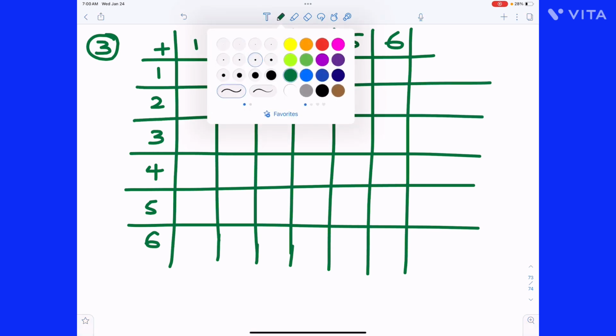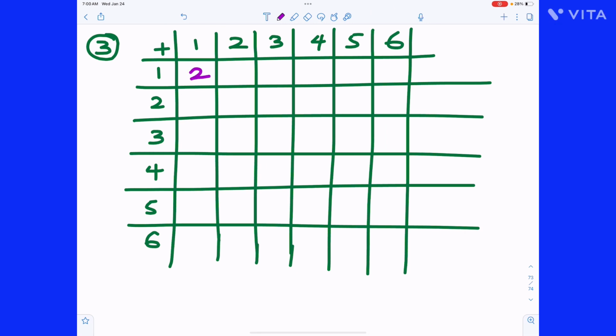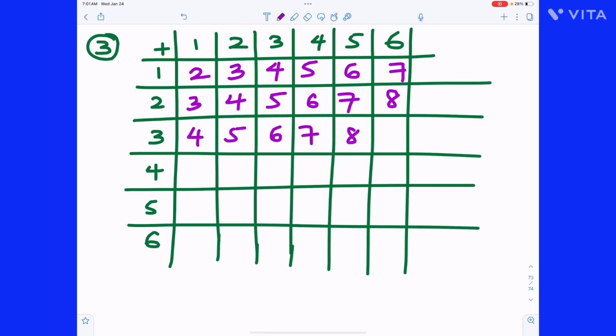So the possible sums are 2, 3, 4, 5, 6, 7. Here, 3, 4, 5, 6, 7, 8. Here, 4, 5, 6, 7, 8, 9. Here, 5, 6, 7, and so on. This one will be 4 and 1, so 5: 4 from this die, 1 from this die. So on and on like that. I'm sure you understand that now.